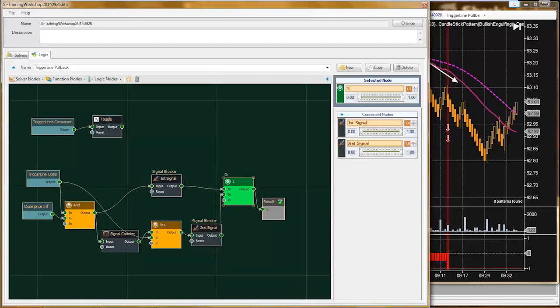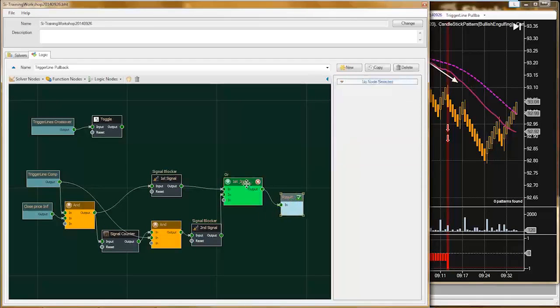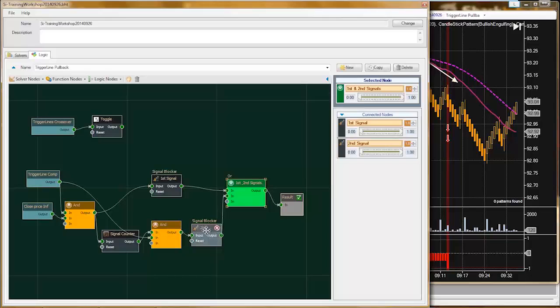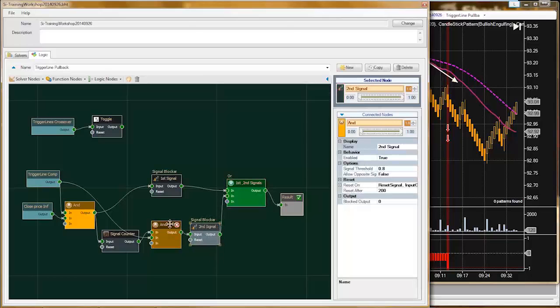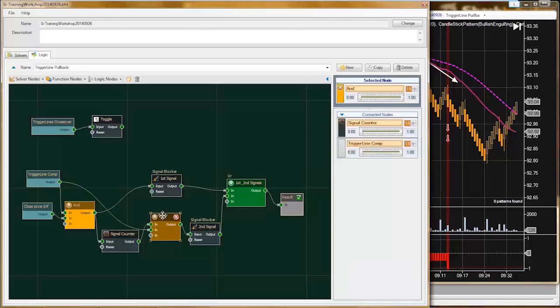Actually, in this case, it'll be the first and second signal there. And I'll just clean the leaders up a little bit. There we go.